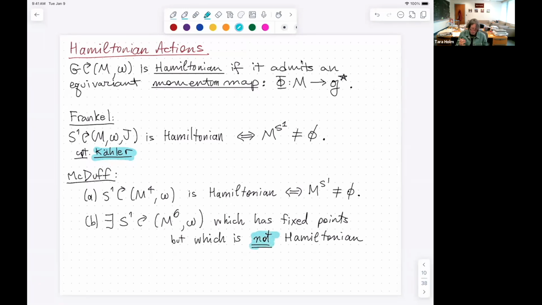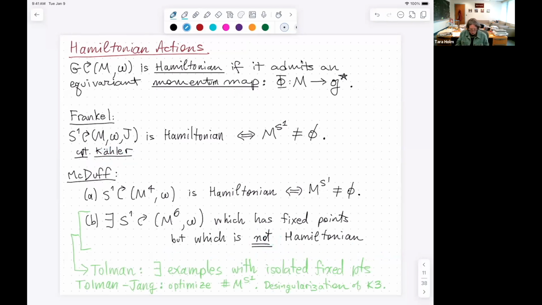McDuff produced these examples. The example that McDuff first produced had fixed surfaces. And later, Tolman and Zhang have produced examples of symplectic circle actions that have only isolated fixed points.